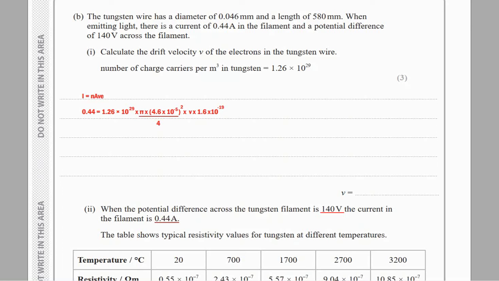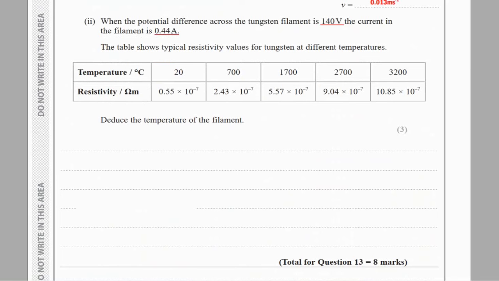When the radius is directly given, use pi r square. When the radius is not given, when the diameter is given, use pi d square by 4. Then v, and 1.6 times 10 to the power minus 19 is the charge of an electron. From here, just make v the subject of the equation. The value is 0.013. Very simple. Let's take a look at the next part.